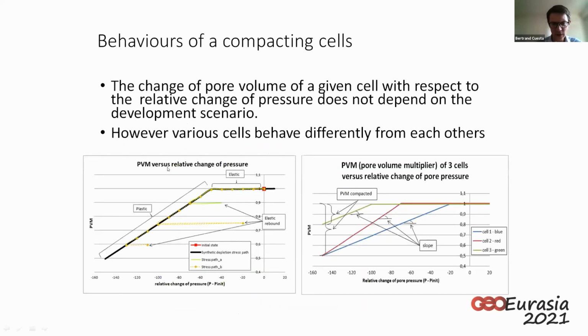So what I'm going to introduce from now is simply a method to mitigate this issue and to evaluate compaction faster.